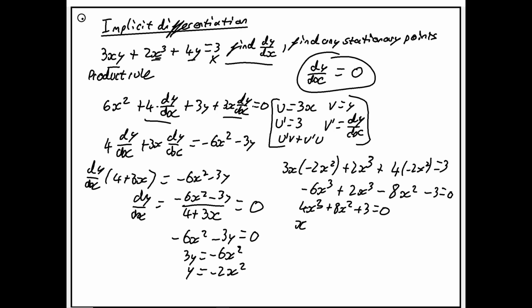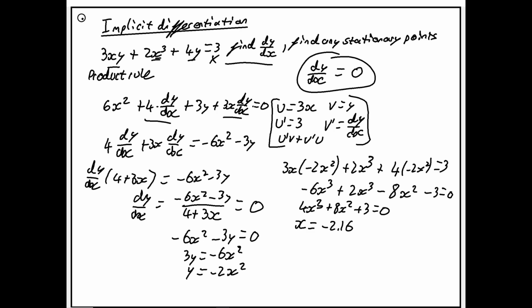So we've got 4, 8, 0, 3. So our first root is minus 2.16. That's actually our only root.